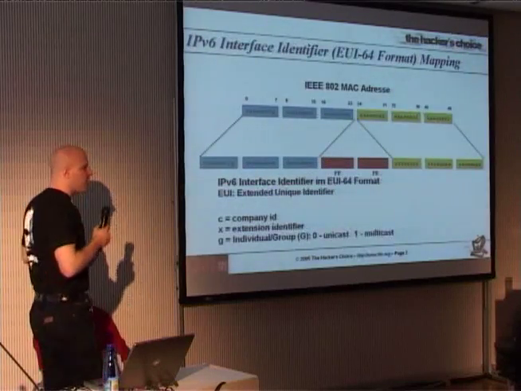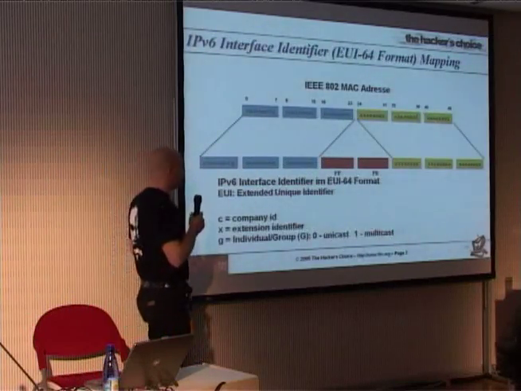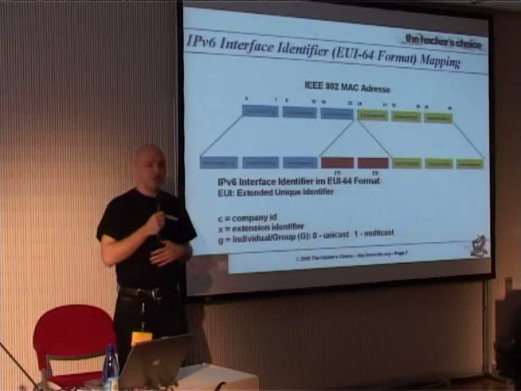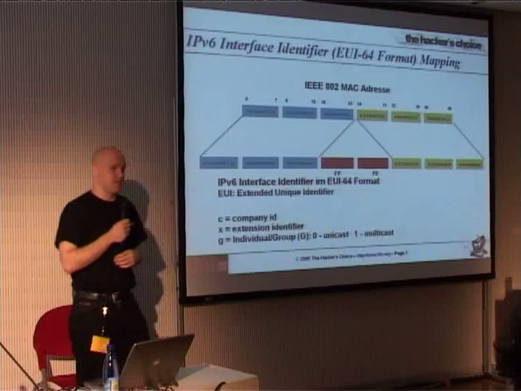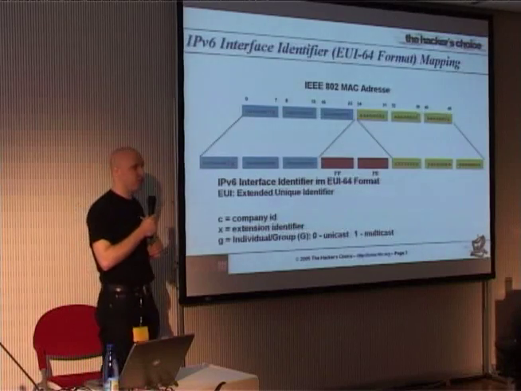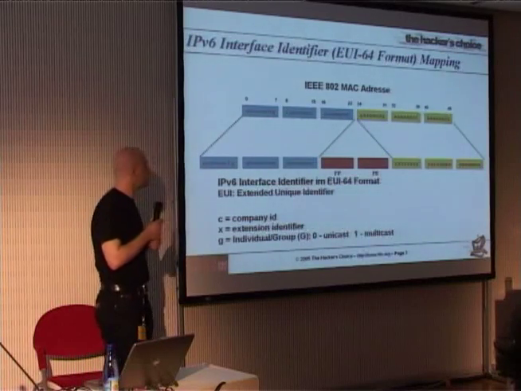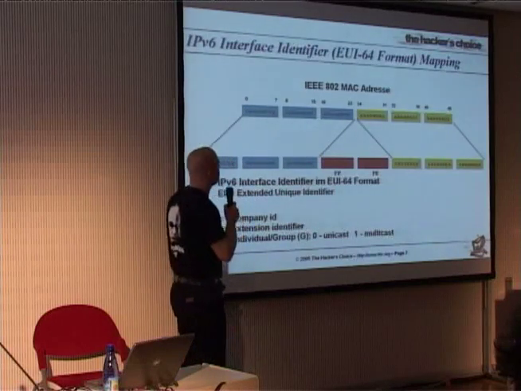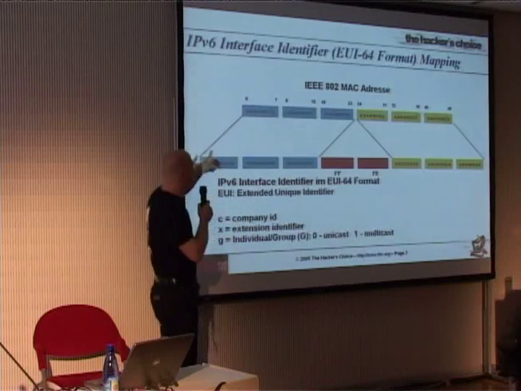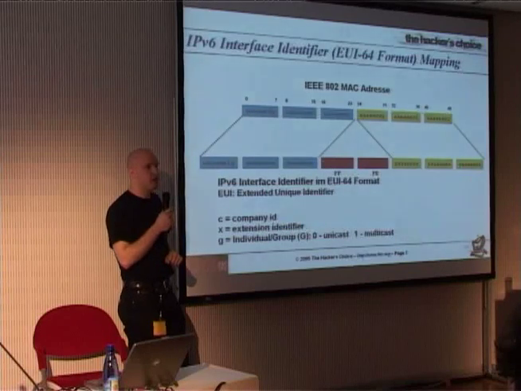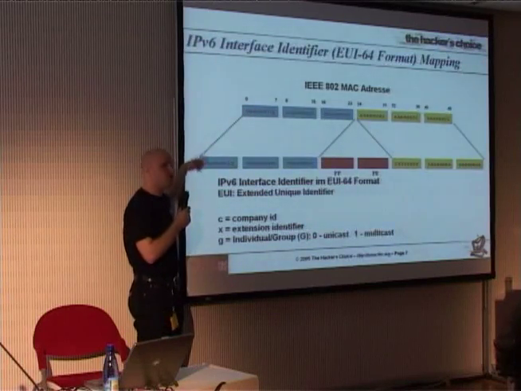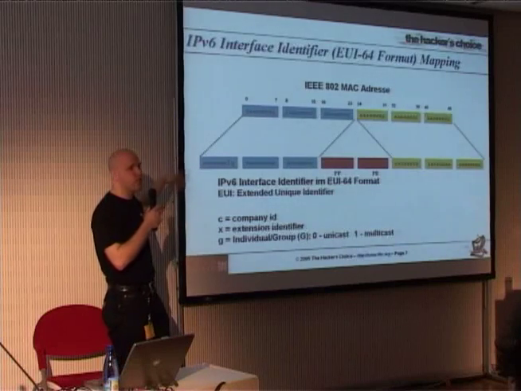One more thing about the addressing. Your IP address in ipv6 is based on your MAC address, the host part of your IP address. This is the calculation: if this is your MAC address, this will be your IP address. Yeah? There's a privacy extension which makes this random and changes it every hour, day, whatever you configure.